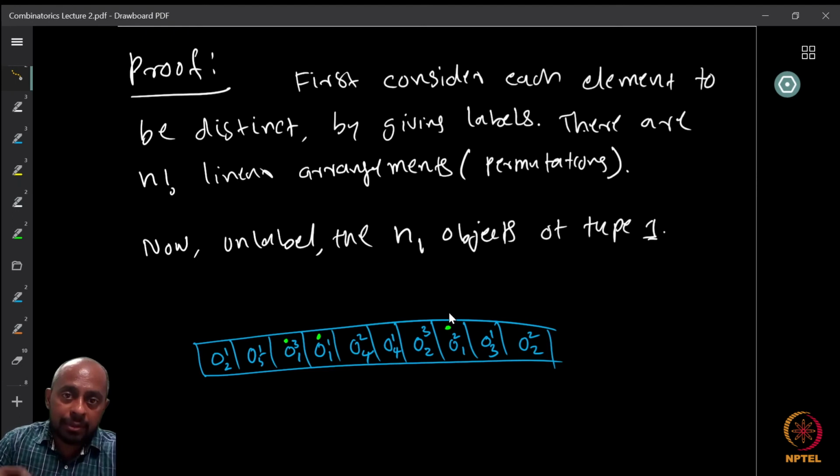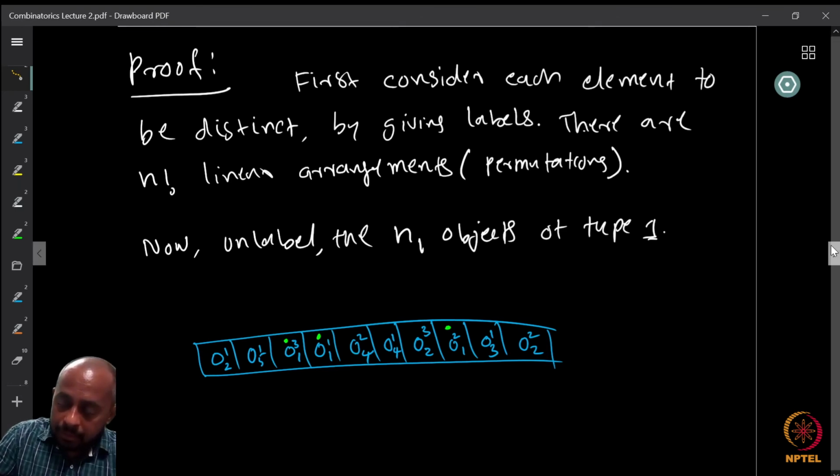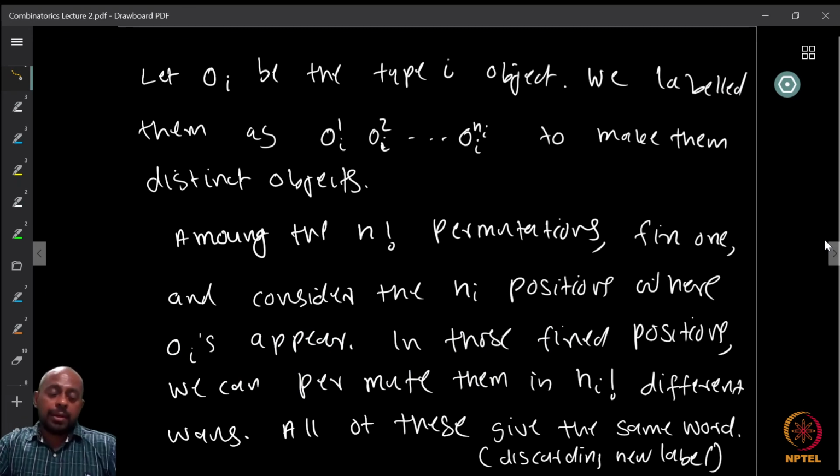There were 3 of these objects, so 3 factorial different ways I can permute them, and each gives different objects in the labeled fashion. But once you unlabel, each of these 3 factorial corresponds to the same arrangement we were looking at. So that is overcounting, right?